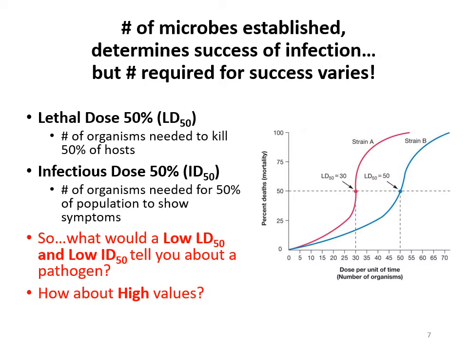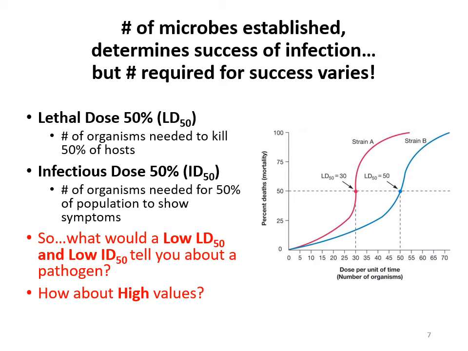So now the way to really understand these terms is to think about what it means if you have a low version of the term or a high version of the term. So for instance, for a particular bacteria, let's say syphilis, which we just mentioned, let's say we were told that syphilis has a low LD50 and a low ID50. What would that tell you about the syphilis pathogen?